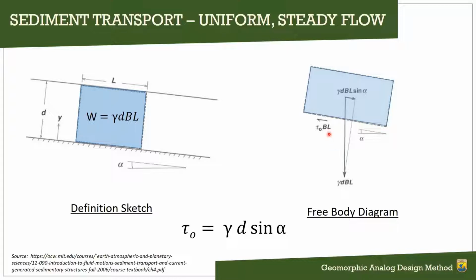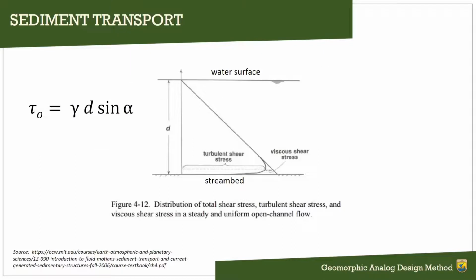So in our equations, the width and length functions drop out, and we're just left with the weight of the water, represented by gamma, the depth of the flow, and the slope that is driving the shear stress. For a constant slope, really the only variable here is our depth of water. This analysis tells us that the shear stress increases with depth. So the deeper the flow, the higher the shear stress.